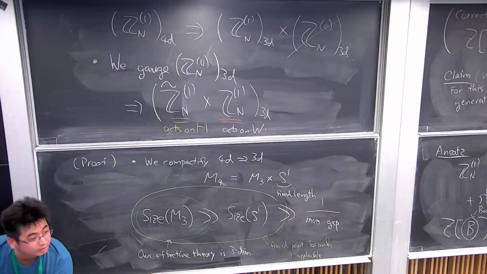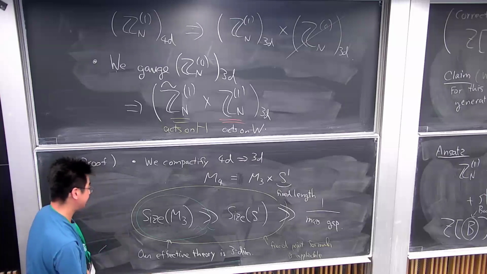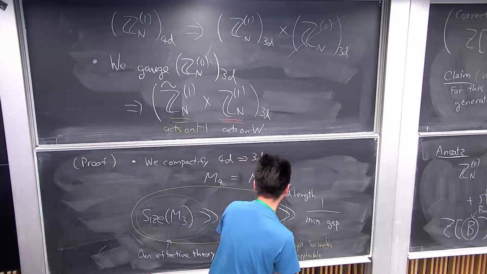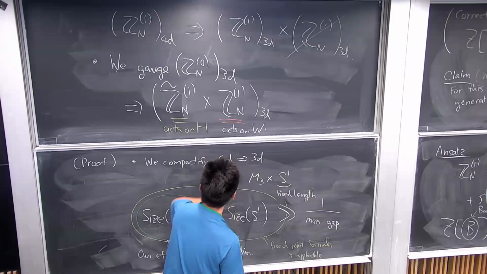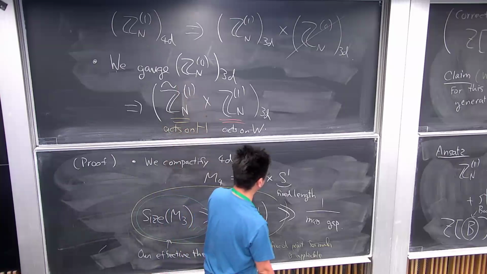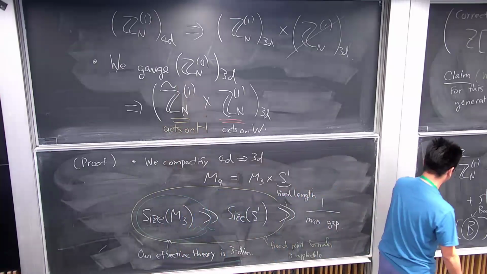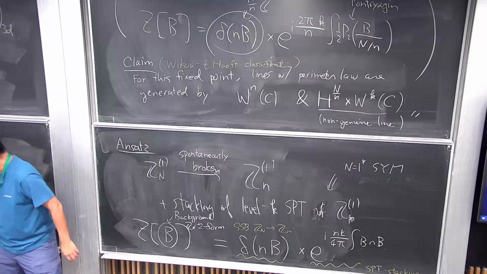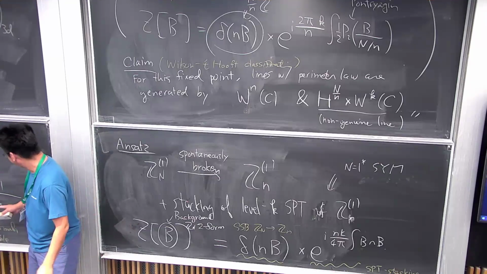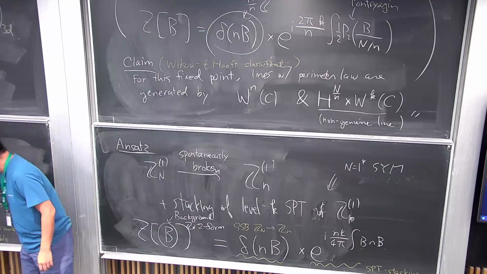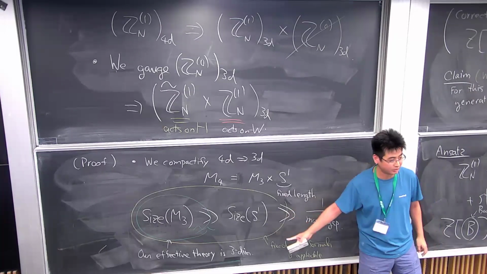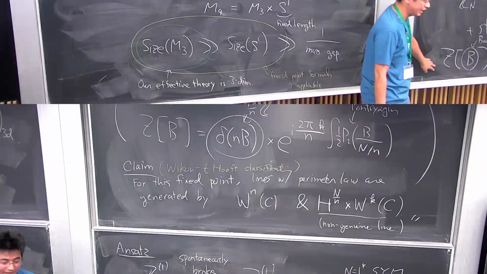Can you explain again why one over the mass gap is much smaller than the size? Basically because we are going to evaluate the partition function after this gauging, and in order to evaluate it, we would like to substitute this setting into this fixed point formula. By introducing this large scale separation between the mass gap and the whole size of the four-dimensional manifold, that allows us to use this fixed point formula.